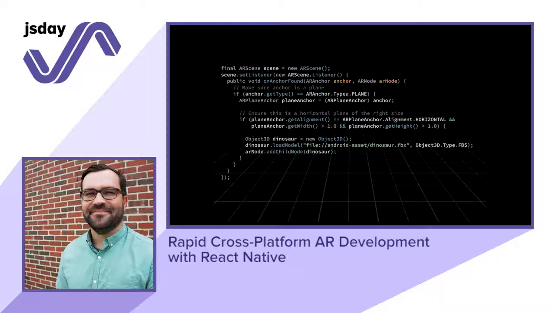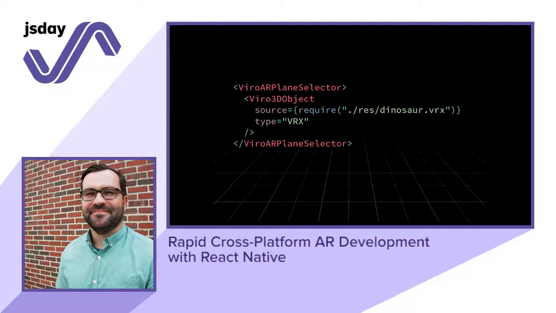So just lots of steps involved, whereas, again, the Viro way is a lot more succinct. So it's extremely compact, and it's also a lot more declarative, I feel like, of what's going on. So we wrap whatever we want to render in an AR plane selector. And essentially, whenever there's a plane detected, it will automatically render the component's children onto the surface.